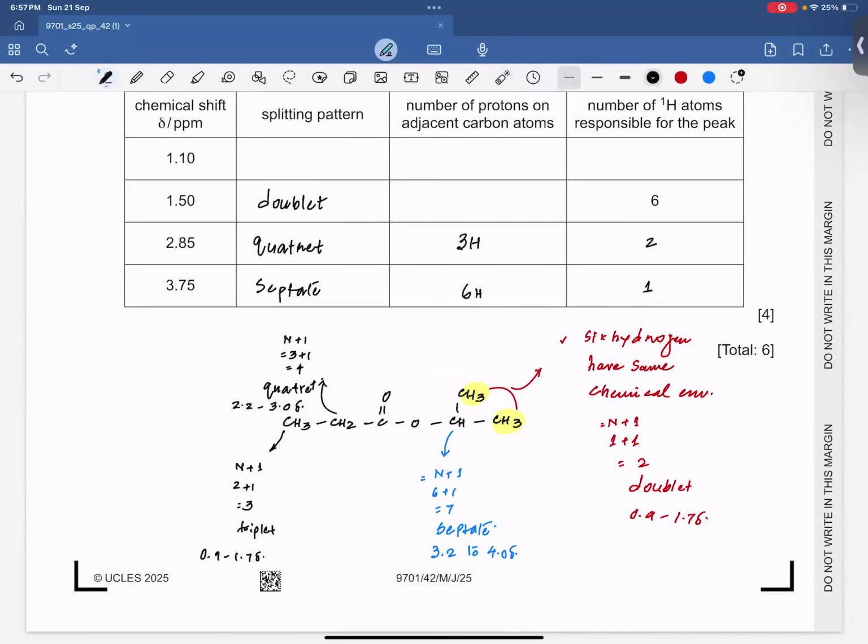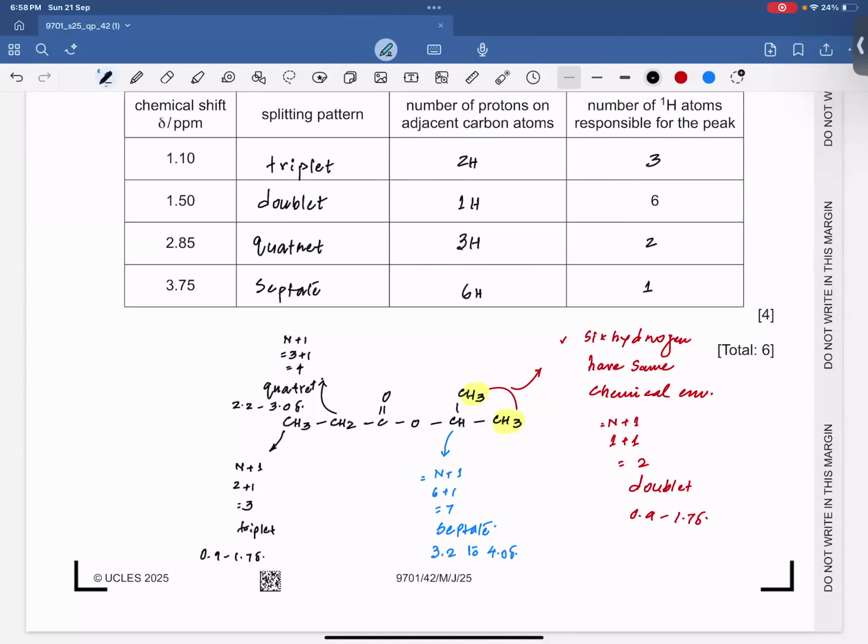So the doublet arises because of 1 proton, and the neighbor has 6 hydrogen atoms. Last but not the least, the splitting pattern is triplet. It arises because of 2H, and the neighbor has 3 hydrogen atoms. Okay. I hope it makes sense to you.